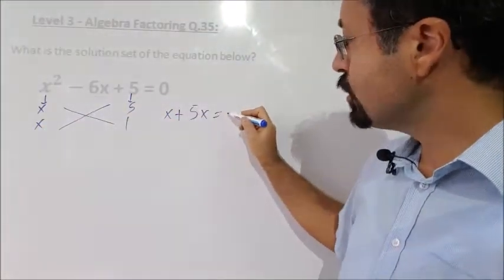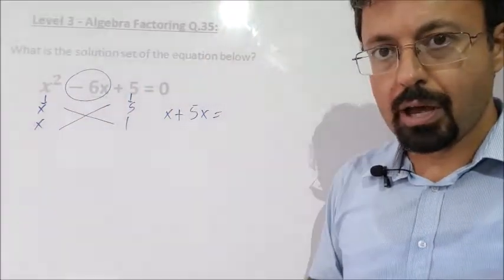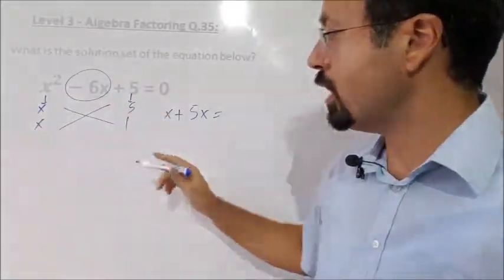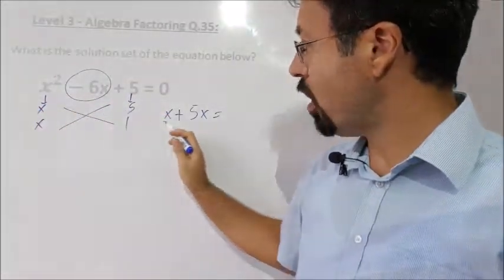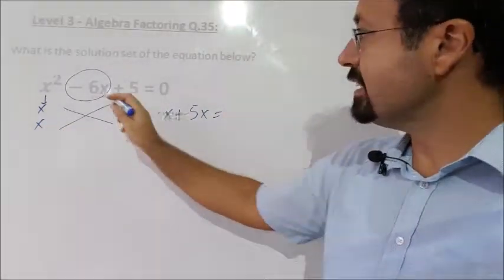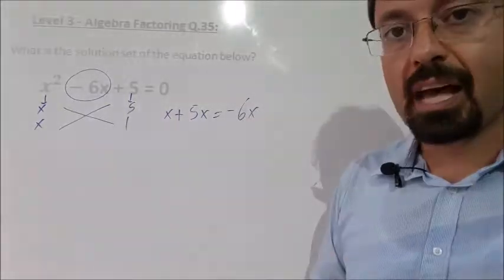This has to give us the middle value when we do the cross multiplication and add the values up. So x times 1 is x plus 5x should give us the middle value. But the middle value is minus 6x.